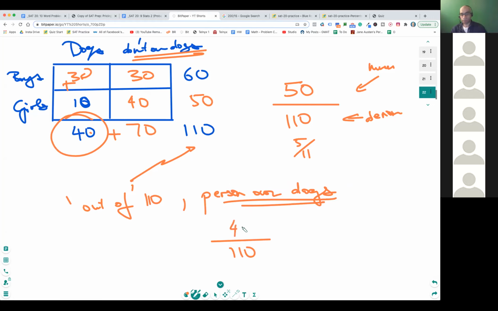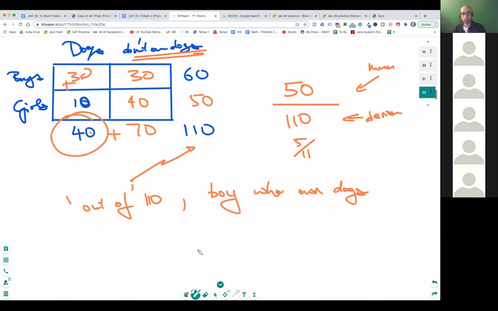So it's 40 over 110. One more. Out of 110, what is the probability that you pick one person who is a boy who owns dogs? Still 110 in the denominator. The number of boys who own dogs is 30 here, so it's 30 over 110. That's 3 over 11.